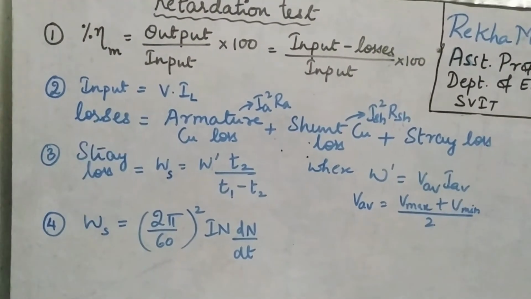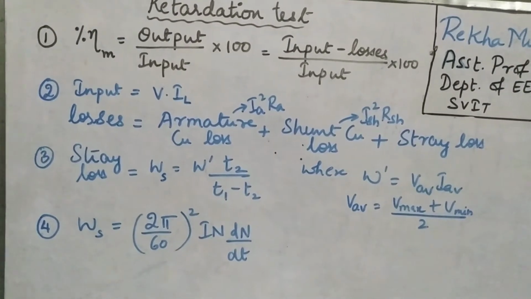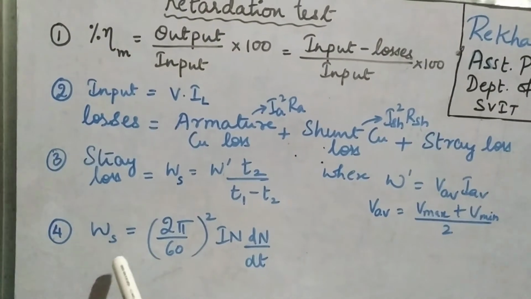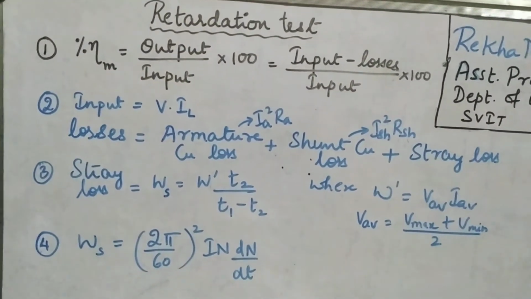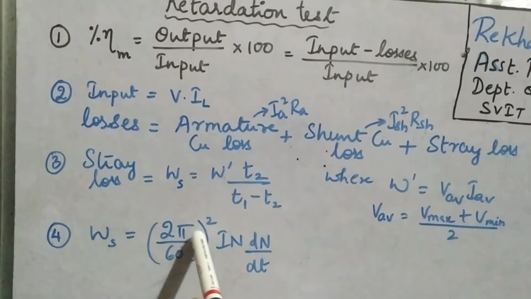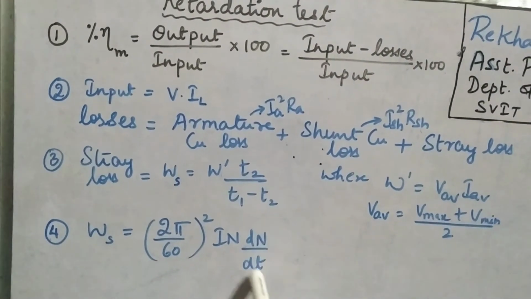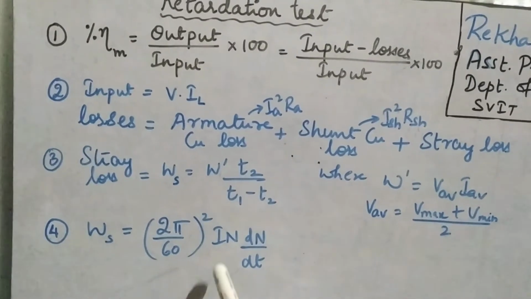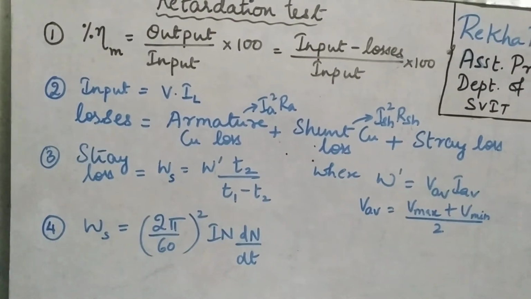Apart from that, sometimes they will ask you to determine the moment of inertia. To obtain that, we can utilize the formula which we used during the derivation of the retardation test. That is, Ws is given as (2 pi by 60) whole square into I into n into dn by dt. I will be the unknown parameter, that is the moment of inertia, n is the speed, and dn will be the change in the speed.